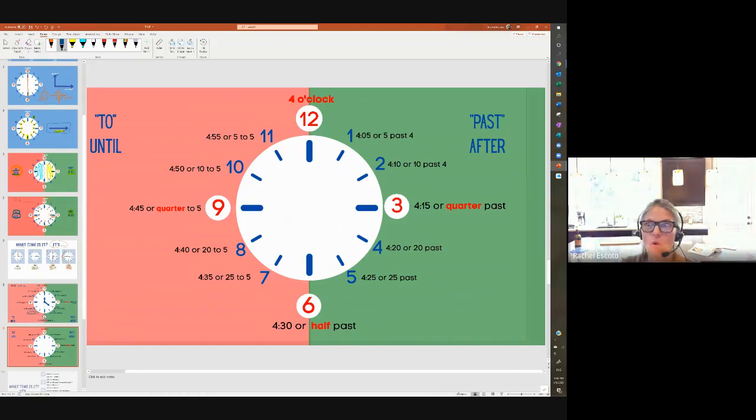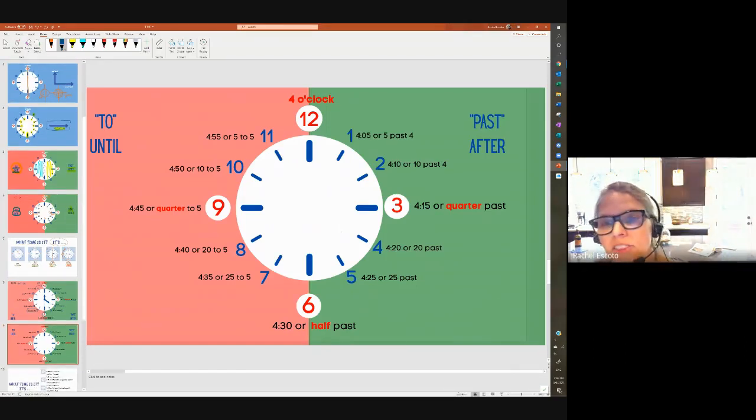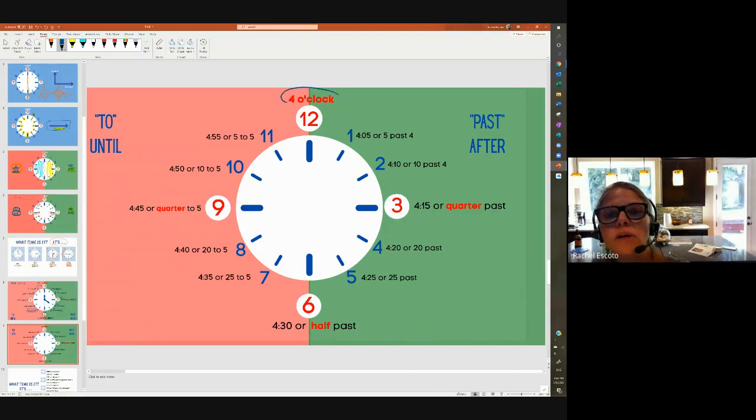So let's do the 4 o'clock hour, right? It says 4 o'clock. Let me show you 4 o'clock. Here's the shorthand and the longhand, right? 4 o'clock. And 4 o'clock looks like this, 4:00. Well, now my hand's going to move and it's going to be 4:05, or 5 minutes past 4 o'clock. 5 past 4.